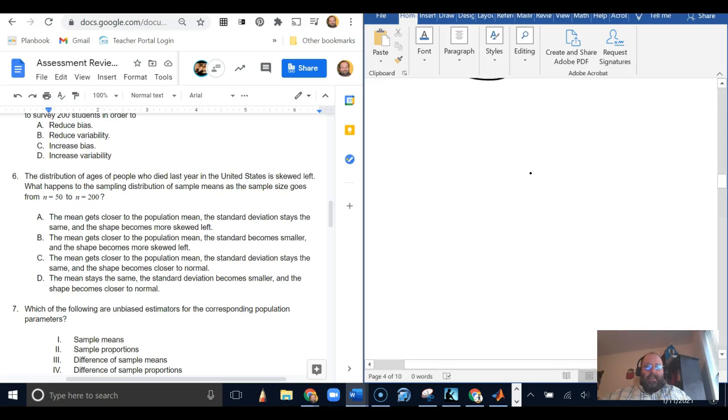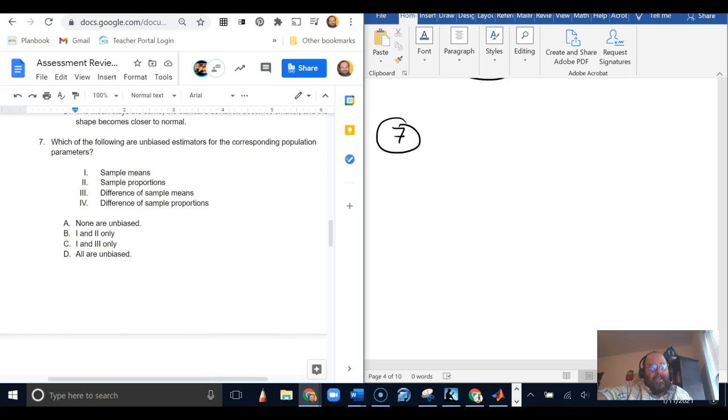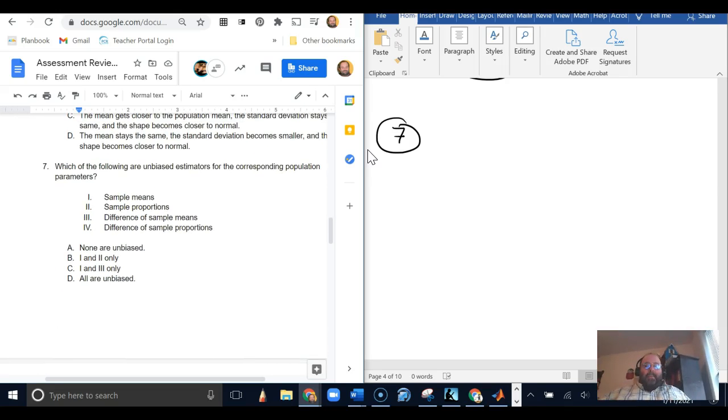All right, let's look at 7. Which of the following are unbiased estimators? Okay, so the sample mean is an unbiased estimator, right? We know that. Sample mean, so the mean of the sample means is equal to the mean of the population. Sample proportion, the mean of the sample proportions is equal to that. All right, so let's think about this. If the mean is unbiased, then the mean of, let's say you have 2 different sample means, right?